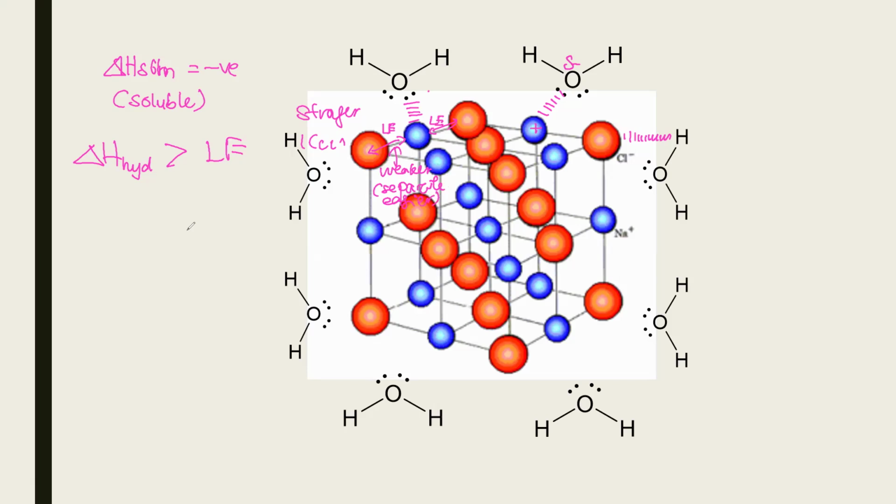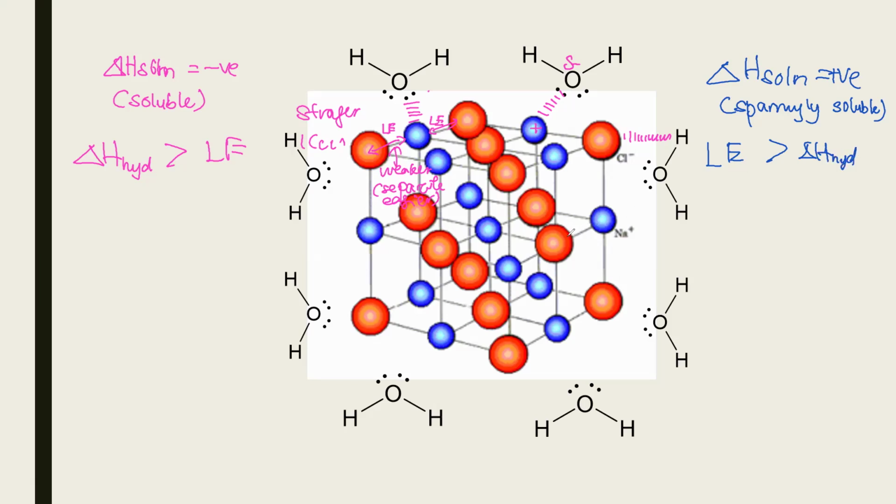And conversely, if you want your enthalpy change of solution to be endothermic, which will make the salt become sparingly soluble. The term sparingly soluble in here means not that soluble, okay? So your lattice energy must be greater than your enthalpy change of the hydration.